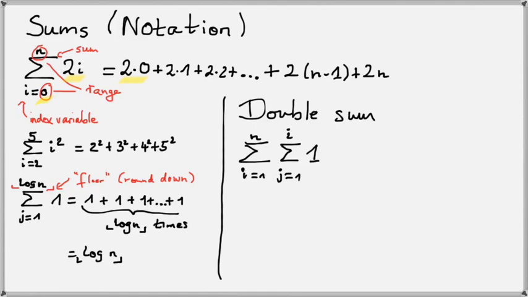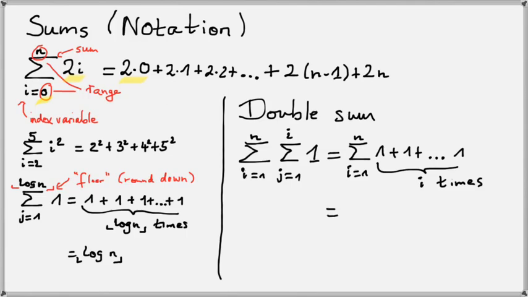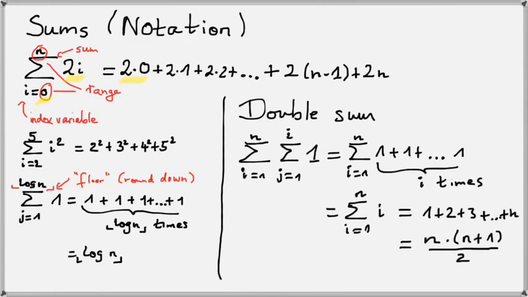Note that for the sum over j, the range is from 1 to i, and in this example I'm summing over 1, so this inner sum sums 1 i times, so this could be rewritten as the sum over i of i, and this then evaluates to n times n plus 1 over 2. So this is actually the arithmetic series.